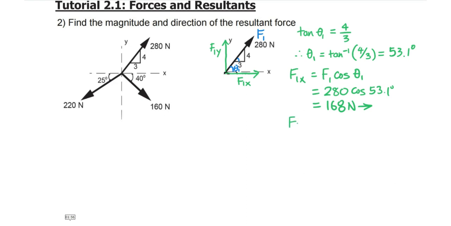F1y equals F1 sine of the angle θ1 equals 280 sine 53.1 degrees equals 223.912 Newton pointing upward.